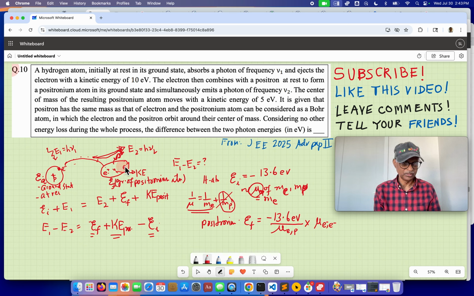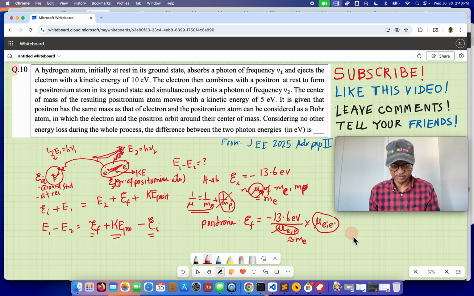These two atoms are the same in terms of the electrostatic energy formula. So the only thing that changes is the mass.